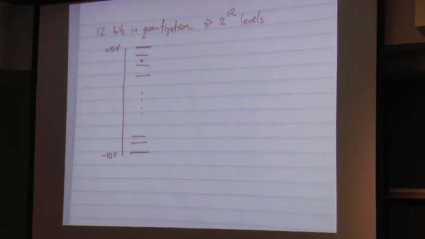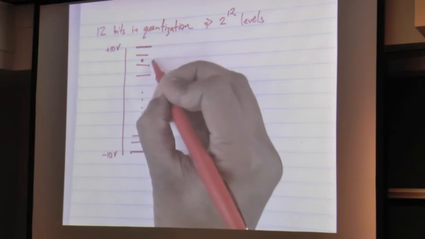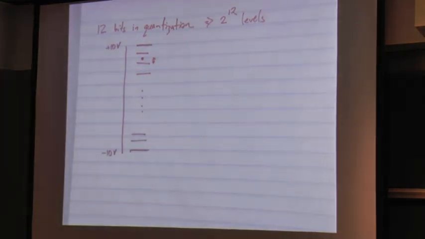You cannot make the error more, because if you went higher, you'd make the error less, because you'd get closer to the top level. If you went down, you'd make the error less, because you'd get to the lower level, right? So the answer, the maximum quantization error, is the distance between that dot and the lower level, or the upper level. It's that distance.